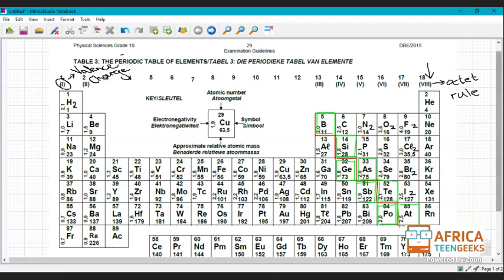Now, what I want to focus on today is the thing that blew your brains a little bit yesterday, this electronegativity stuff. So, you ready to understand why water is a dipole better than we understood it yesterday? Do you see that almost every element has an electronegativity?